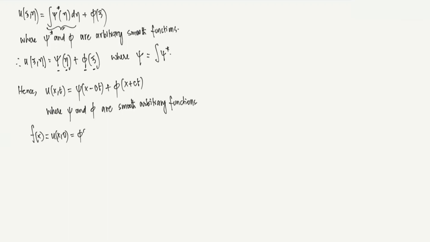It is phi of x plus psi of x. Clear? And g of x is nothing but u_t of x, 0, right? So if we calculate it, it becomes c times phi prime of x minus c times psi prime of x. Is this okay? Yeah. So let's call this thing 4 and let's call this thing 5.